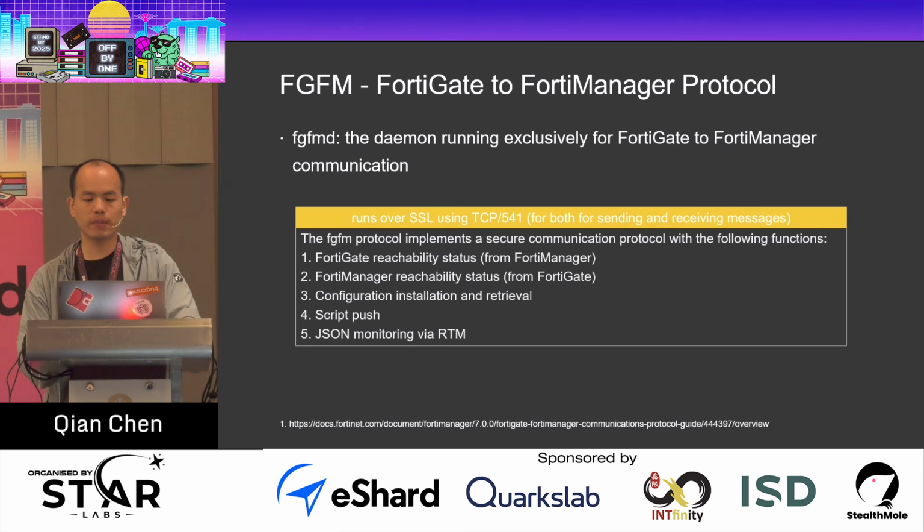The FortiGate to FortiManager daemon is responsible for communication between FortiGate devices and the FortiManager. This communication runs over SSL using TCP port 541 for both sending and receiving messages. The FGFM protocol implements a secure communication protocol with the following functions.